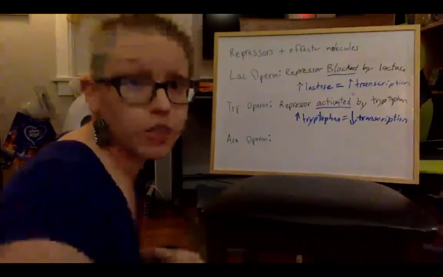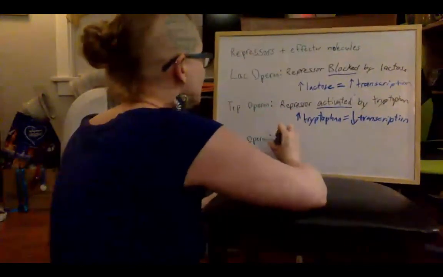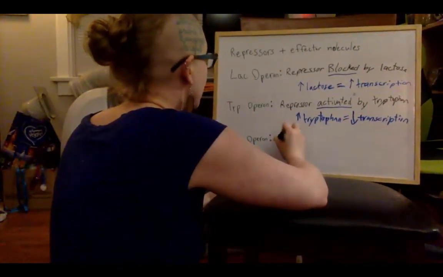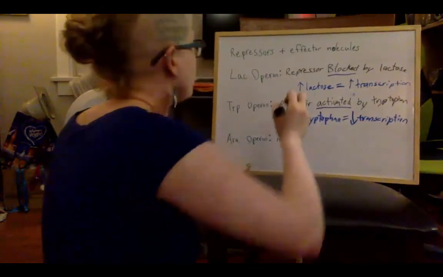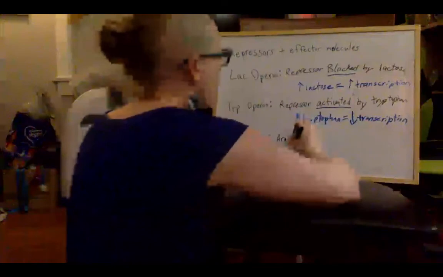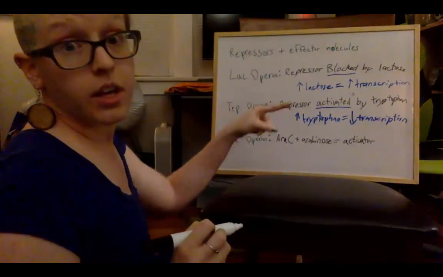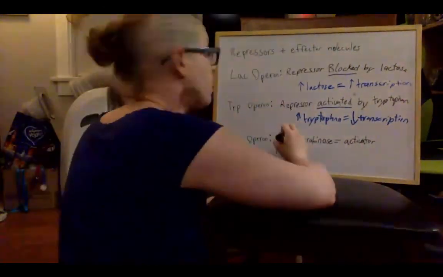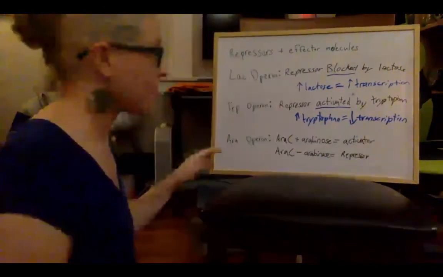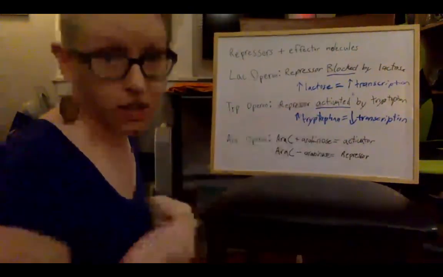Arabinose is a weirder situation because it has the RC thing, which can be either a repressor or an activator. So RC bound to arabinose is an activator. RC without arabinose is a repressor.